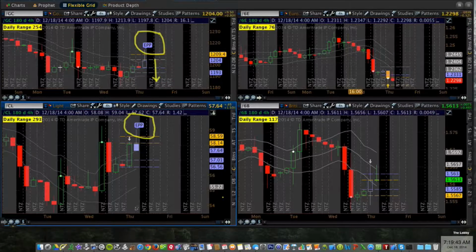If it's orange, don't have one there, just making believe, then on the next bar you would go long. No more analysis or brain gymnastics than that. Purple EPP, go short on the next bar. Orange EPP, go long on the next bar.